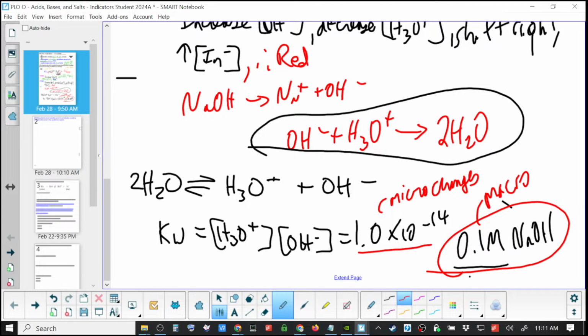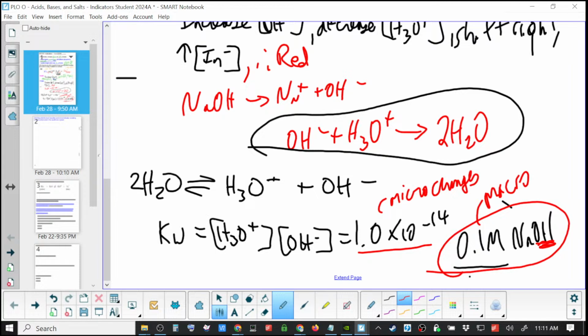What is the pH if it's 0.1 molar? One, because it's 1.0 times 10 to the minus 1. That becomes a pH of, oh, hold it. It's not 1. That would be a pOH of 1.